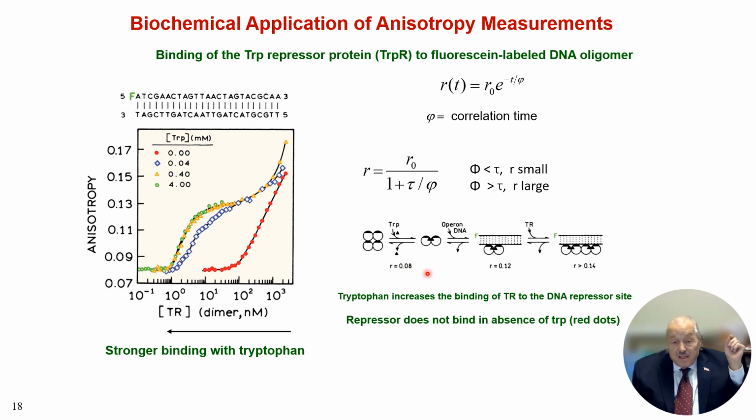So we have this spelled out here. The tryptophan causes it to bind to the operon DNA. And what's interesting about this is that even though it's not explicitly analyzed in the paper, it's clear that you can begin to see even additional binding modes of the trp repressor protein. So the anisotropy keeps going up, which would indicate higher aggregations of the trp repressor protein on the DNA.